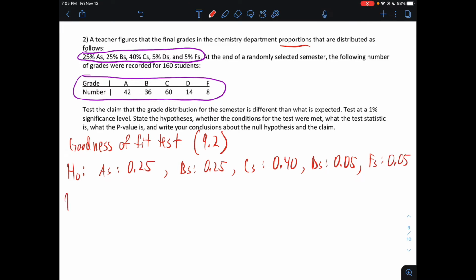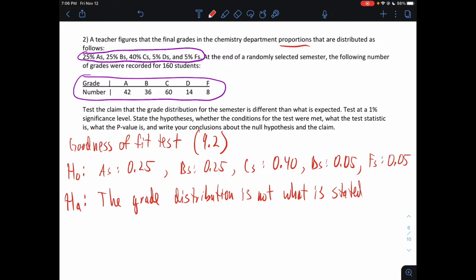The alternative hypothesis is just simply that the distribution that we expect here in the null hypothesis, we have a distribution that is not what is stated there. So we can say the grade distribution is not what is stated in the null hypothesis.